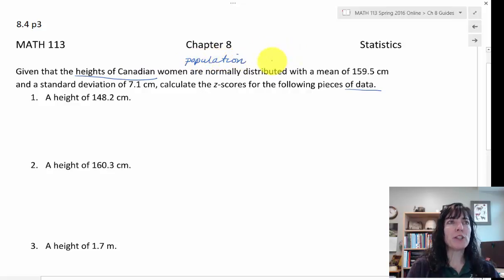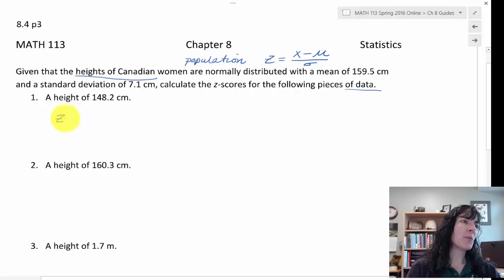And because it's population, I'll use the z-score formula that includes the population parameters. So x minus mu over sigma. And remember, it doesn't matter that much if you can't identify which z-score formula to use, because they both work the same. So whatever your mean is goes here, and whatever your standard deviation is goes here.